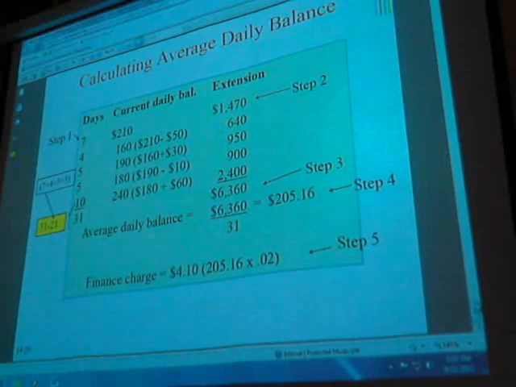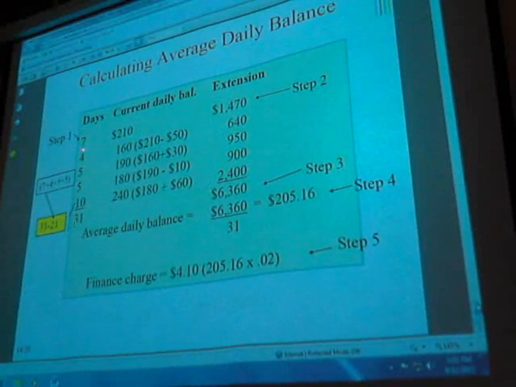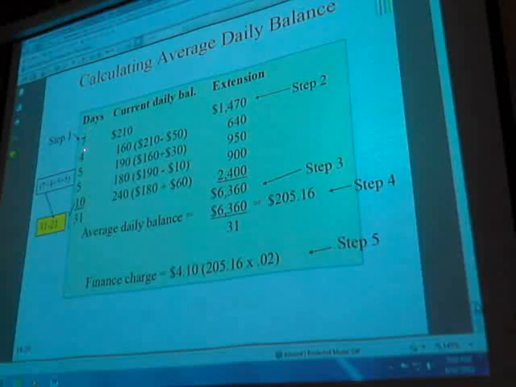Okay, I'm going to go ahead and explain how to calculate this last problem. Over here in this column, this represents the number of days the balance remained the same, at some amount, before we did what? Either made a payment or purchased something.